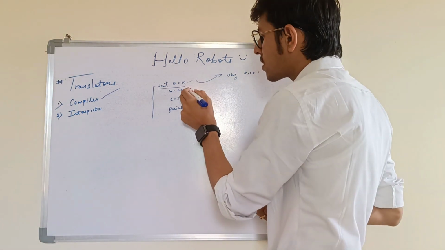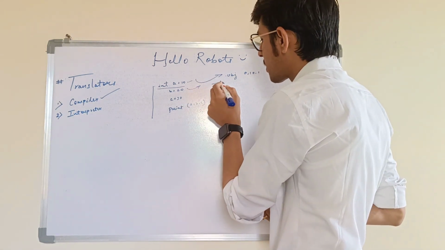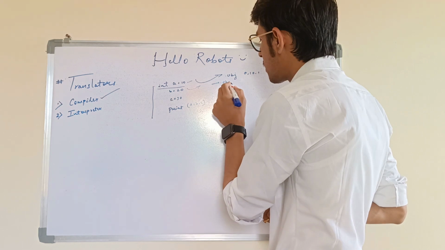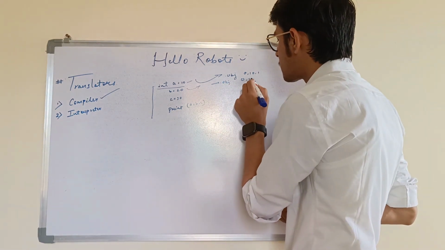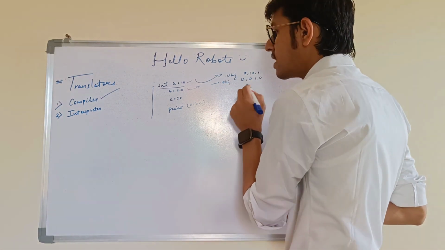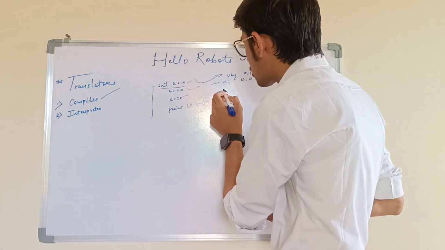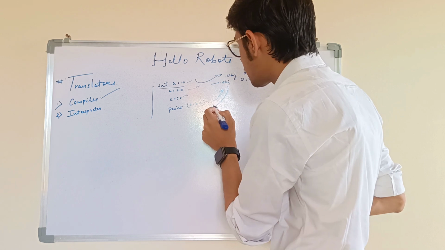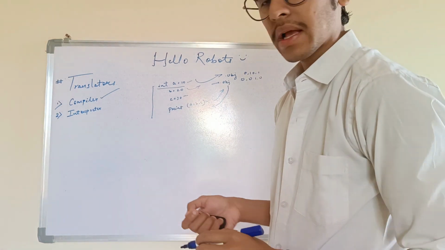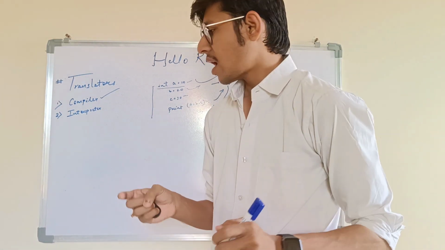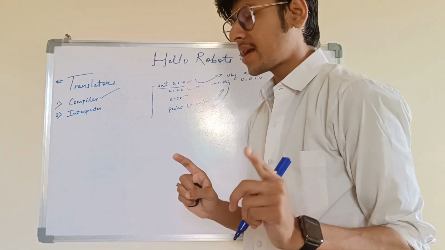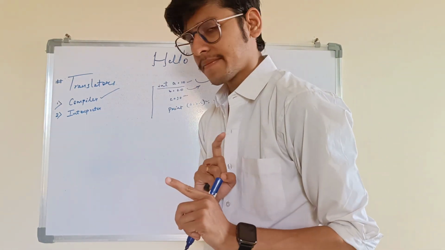Then again it will come to b equals 20, convert it into a .obj file, and provide some result in the form of zeros and ones. So it will check each and every line, convert it into a .obj file and provide the result. That is interpreter. Again, focus and understand compiler and interpreter.